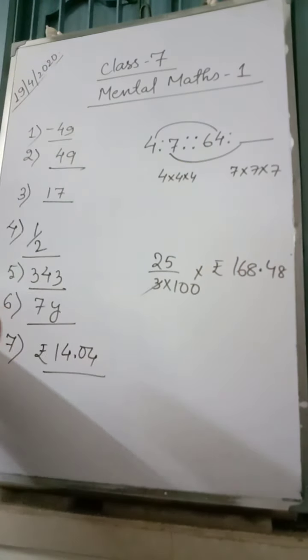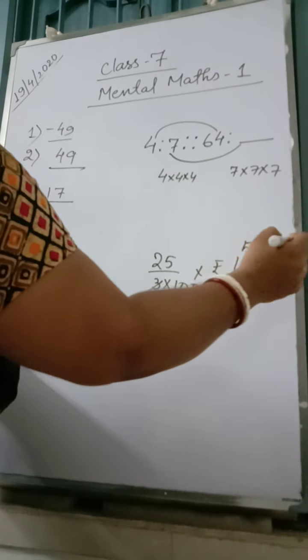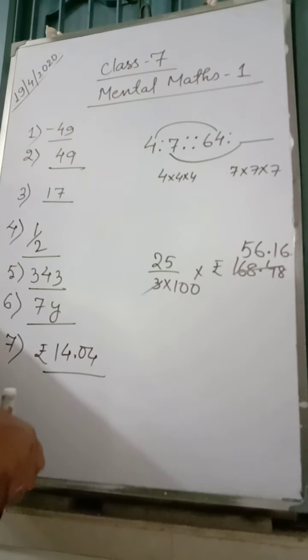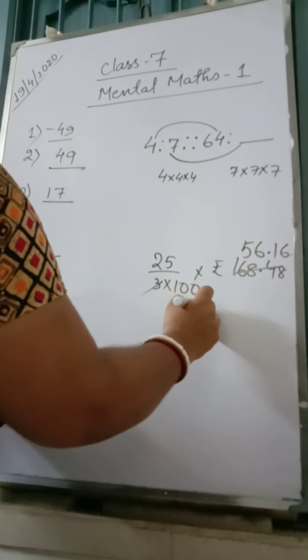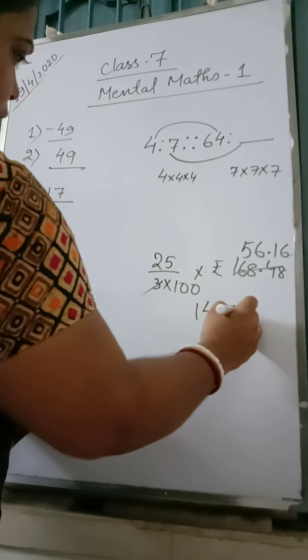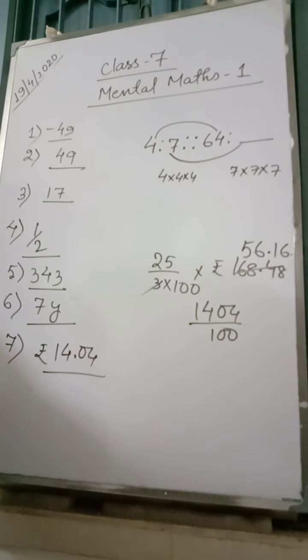Now with 3 we'll cut it. It gives you 3 fives are 15, 3 sixes are 18, 3 ones are 3, 3 sixes are 18. Now 25 into 56, it will give you 1404 by 100. So it gives you rupees 14.04.